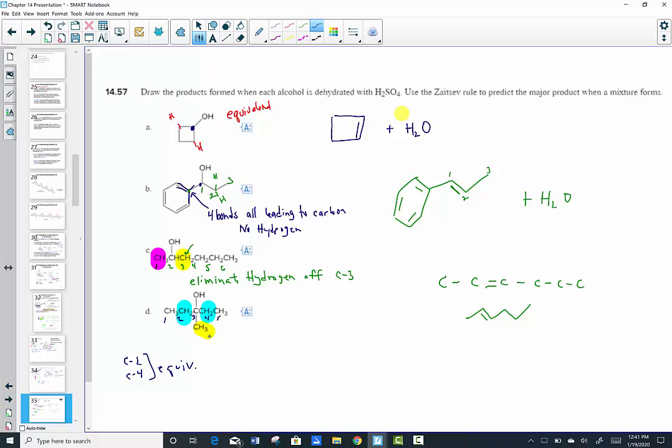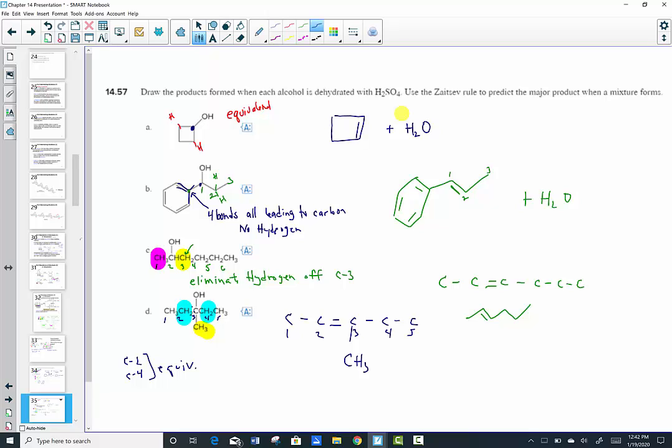But this methyl group is not equivalent hydrogen, but it would not lead to the most substituted hydrocarbon. So I'm going to draw my 5 carbon chain. I know at carbon 3, this methyl will still be there because those hydrogens don't produce the most substituted double bond, but I can place it between carbon 1, 2, 3, 4, 5.